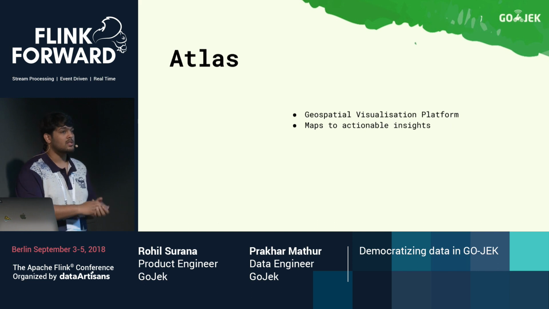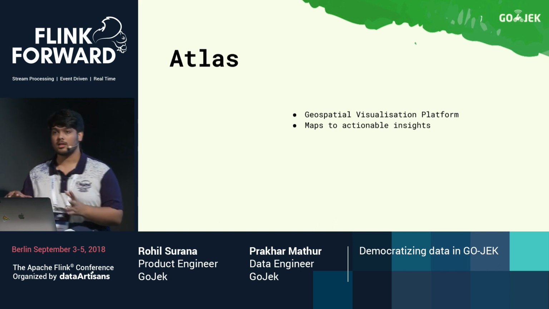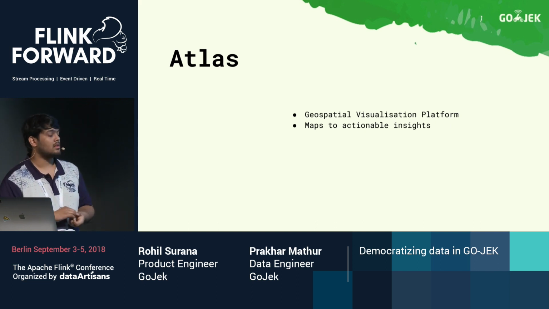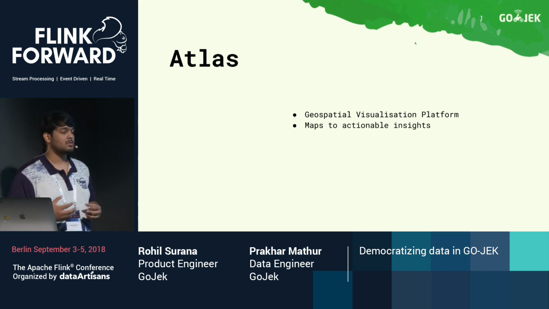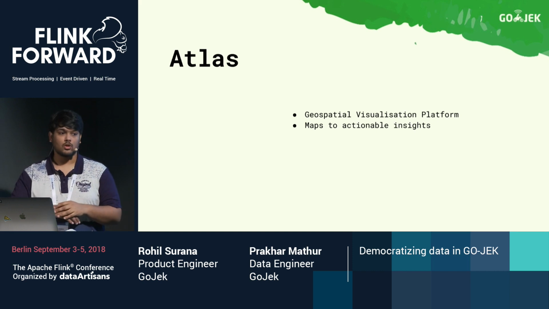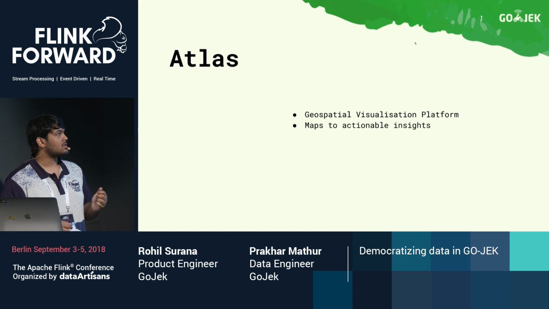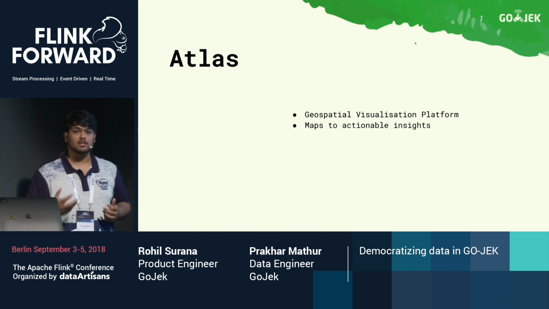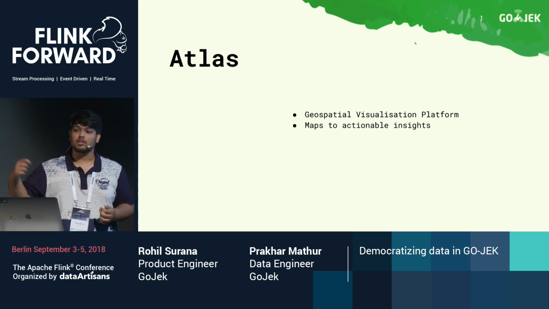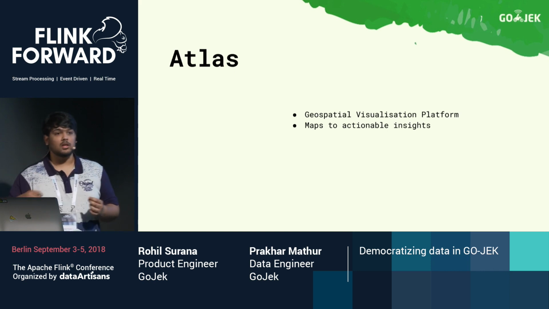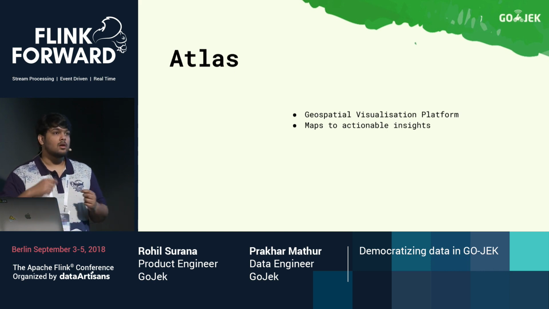Atlas. So for the Influx, once the data is in Influx, Atlas is our own built geospatial visualization platform. This is basically to give you an idea on a map of what's happening in which area. This is built by us, so you can get actionable insights. Okay, in which area the bookings are being cancelled, and which area the food deliveries are being cancelled or the merchants are closed.